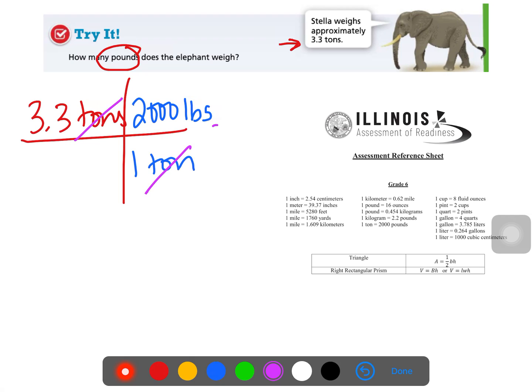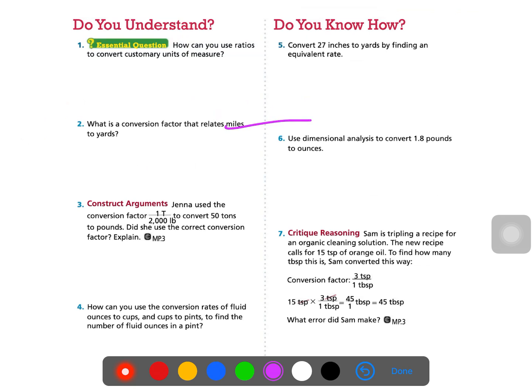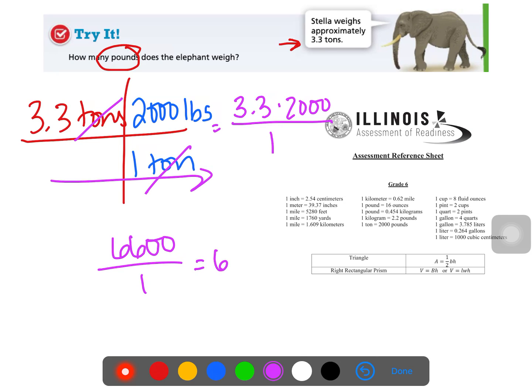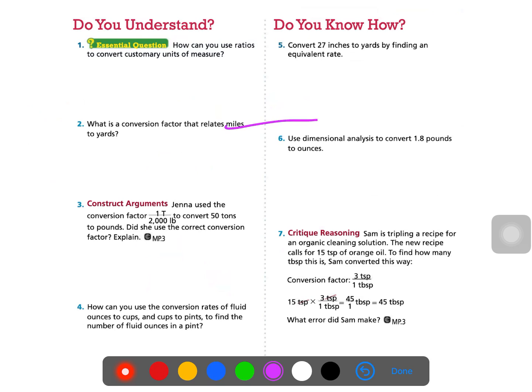Tons cross cancel, and I'm just going to multiply my numbers on the top and then my numbers on the bottom. 3.3 times 2,000 is 6,600 over 1, which means Stella is a whopping 6,600 pounds.